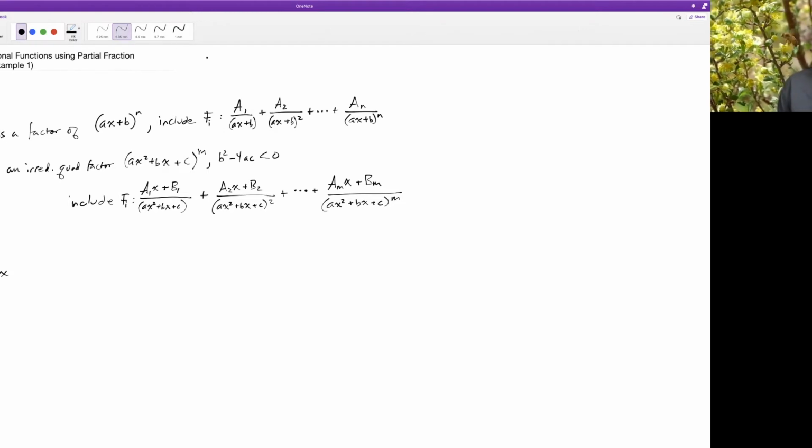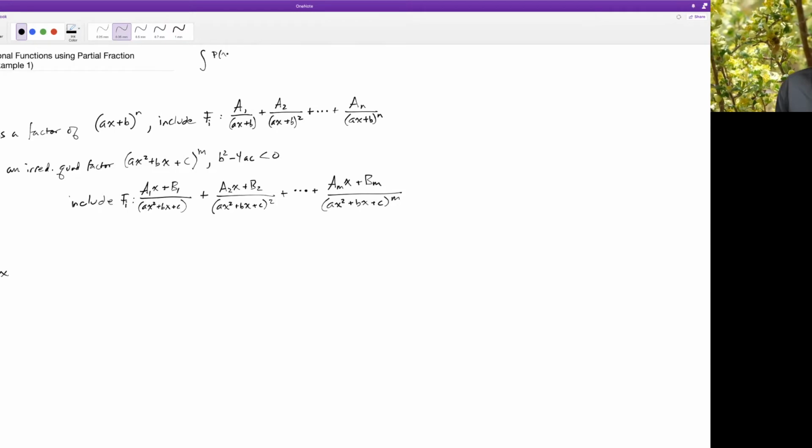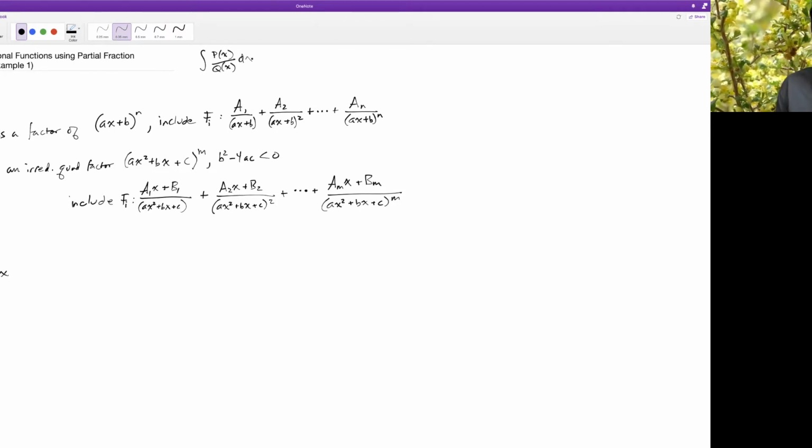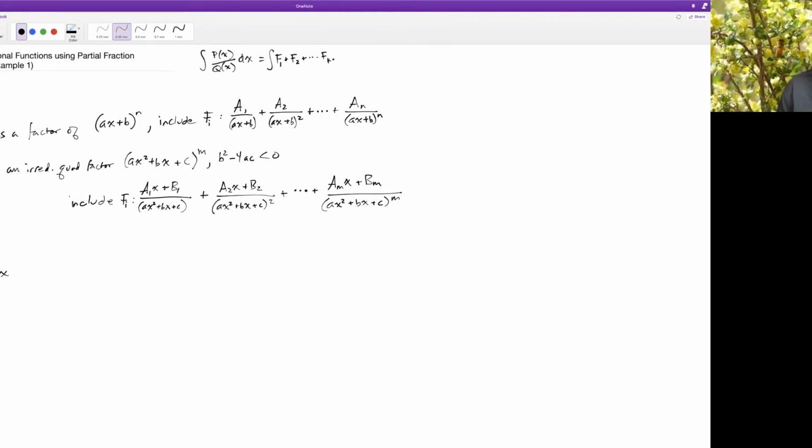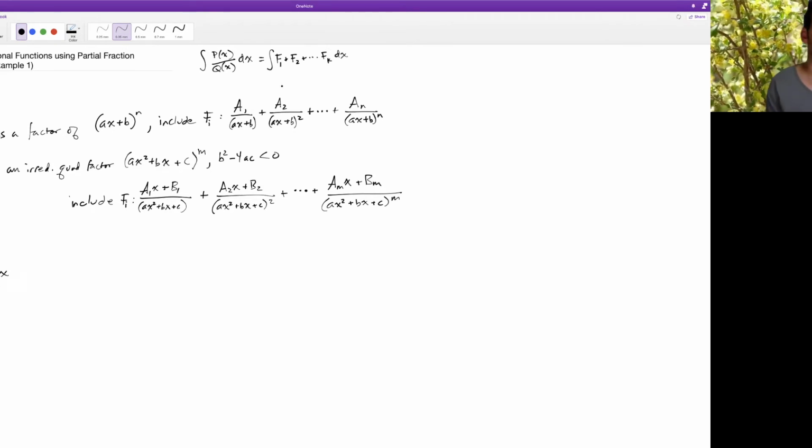This is when we're trying to integrate a rational function, right? We're calling q the denominator. And what we're going to try to do is rewrite this integral as an integral that's a sum of simpler fractions, okay?